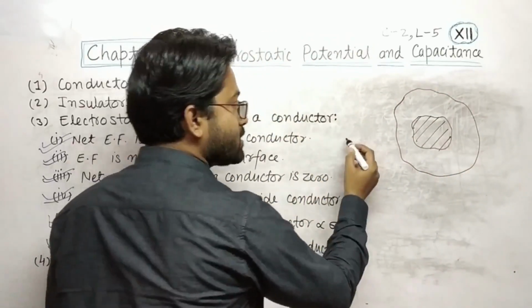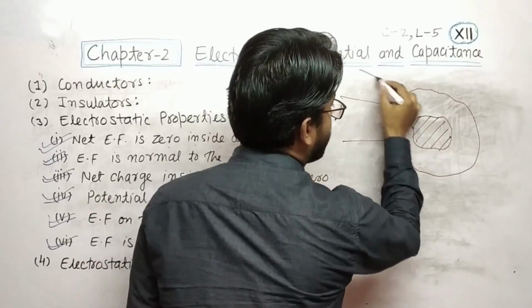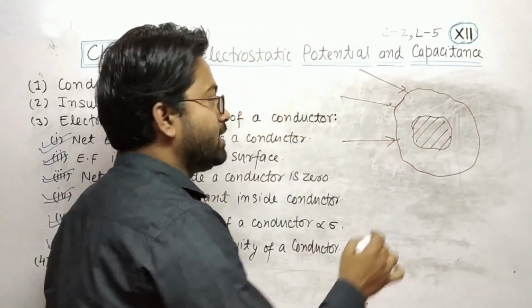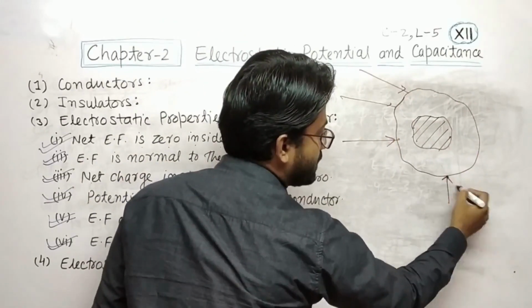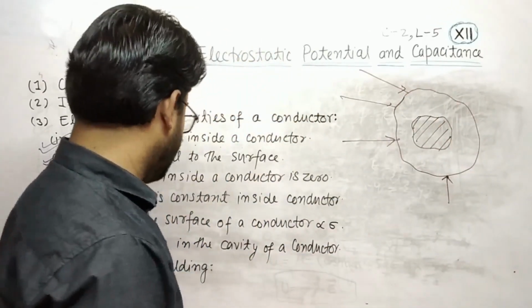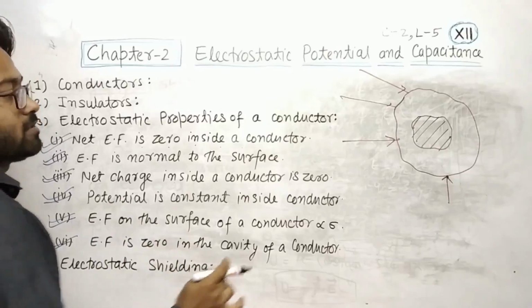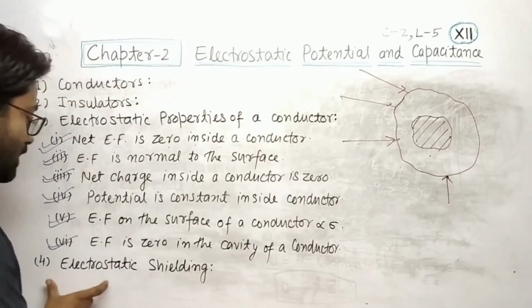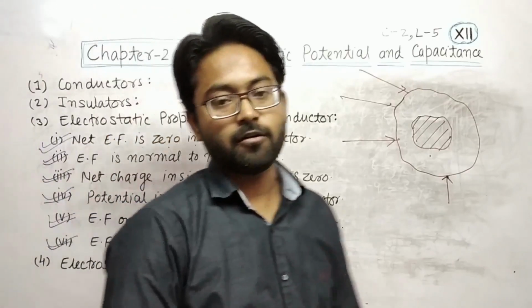If there exists an external field, no electric field will be inside the conductor. That is safe. The system will be safe from the external electric field. That is electrostatic shielding. Okay, thank you.